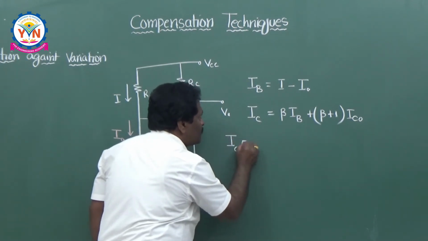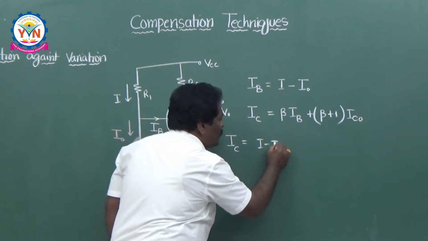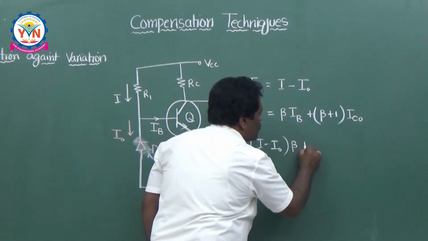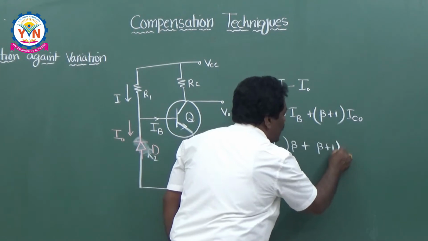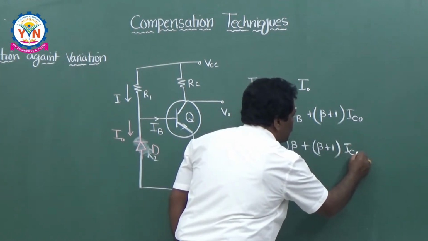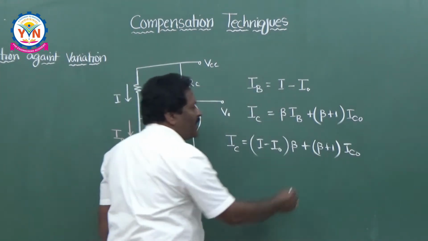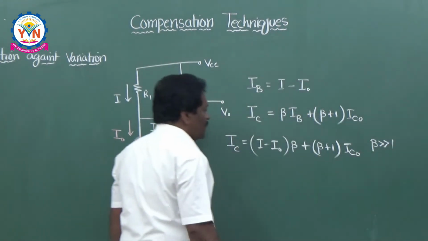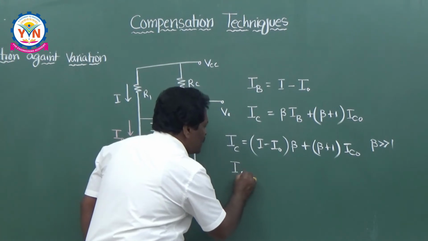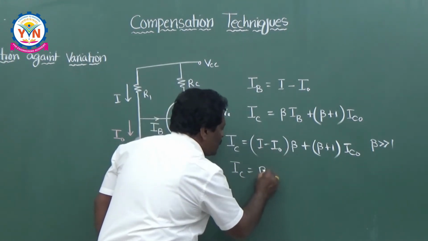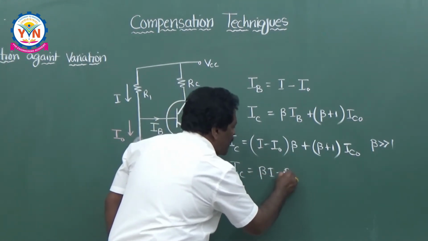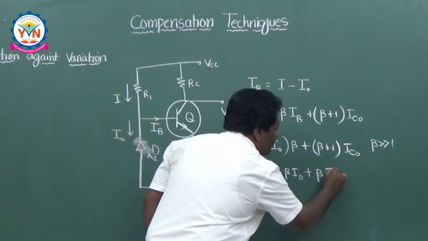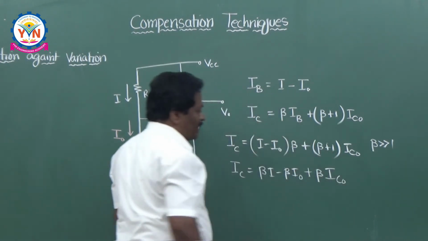IC is equal to beta times (I minus I naught), plus beta plus 1 times ICBO, that is ICO. If beta is very, very greater than 1, then I can neglect this one here. Therefore, I can say IC is equal to beta times I minus beta times I naught plus beta times IC naught, because 1 is neglected here.